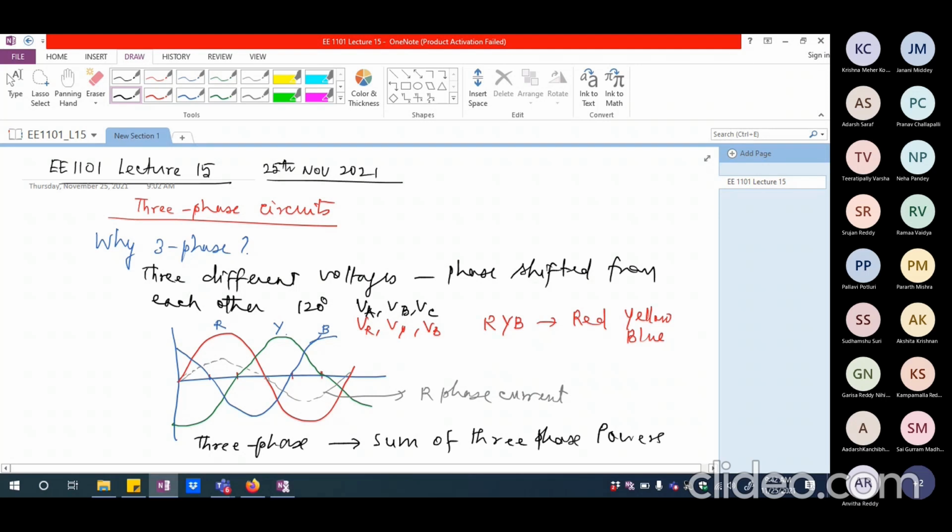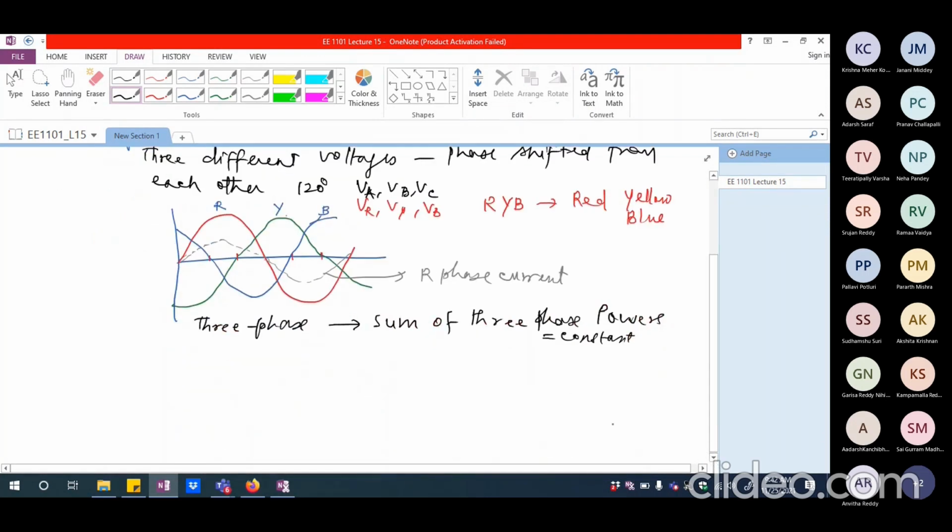Even if there is a little bit of harmonic content, maybe it is slightly far away from a sinusoidal waveform, even then you will have a fairly constant value of power. So this is going to be a constant. This is one of the major advantages we are going to have.